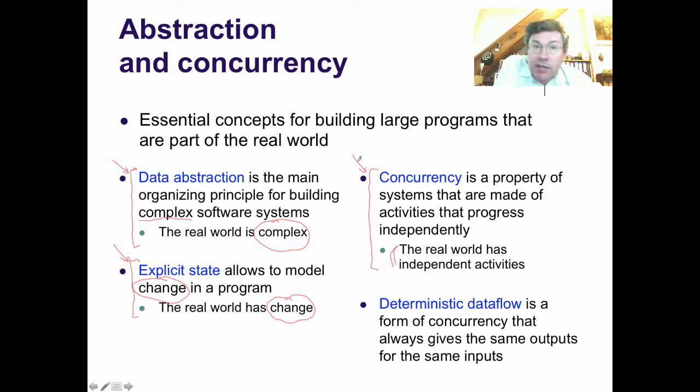But concurrency is actually quite complex to program in its most general form. So we introduce a simpler model called deterministic data flow. This is a form of concurrency that always gives the same outputs for the same inputs. This is what we call determinism, and this allows us to simplify greatly how we program concurrent systems.